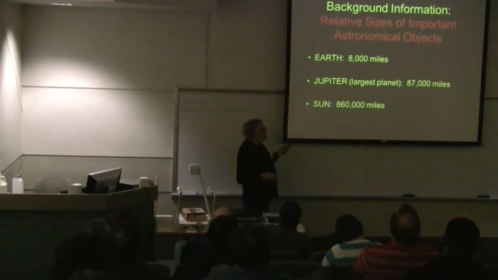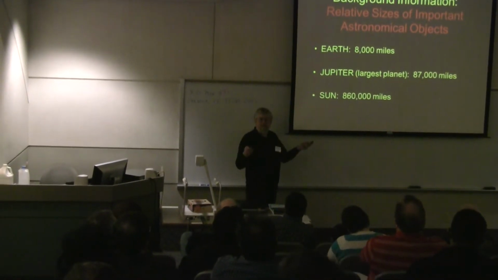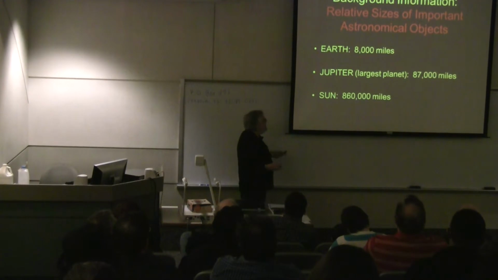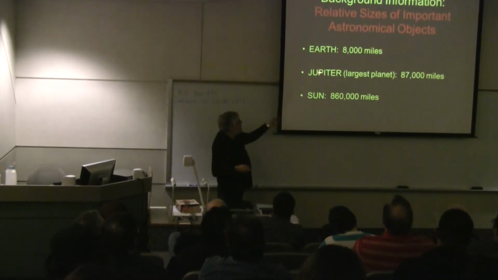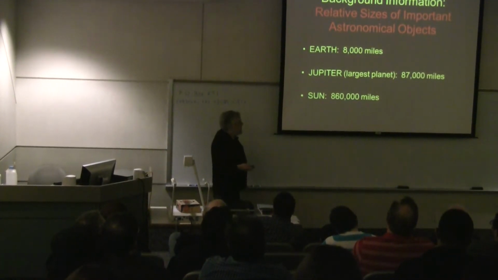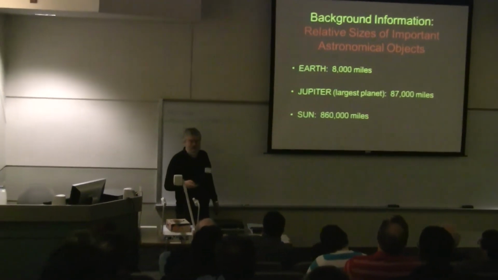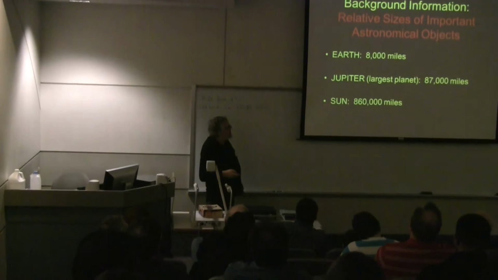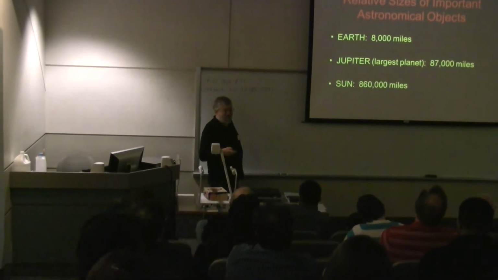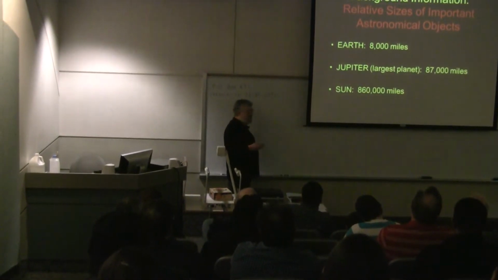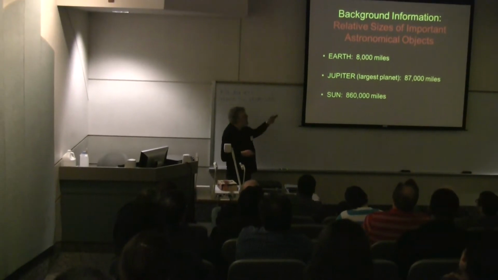And for sizes, let's just limit it to 3 things in the solar system. Our own Earth, 8,000 miles in diameter. That was determined a long time ago, and it's been about the same ever since. The largest planet in the solar system is about an order of magnitude greater than that. That would be 80,000.